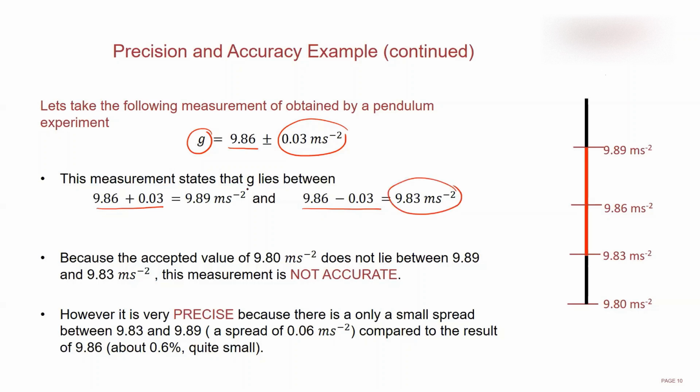So this is the range. Our true value is not within this range, so we can say the measurements are not accurate. However, the measurements are very precise because the spread is only 0.06, the difference between these two. The measurements are not accurate, but precise.